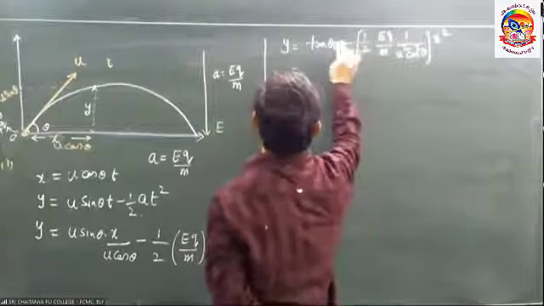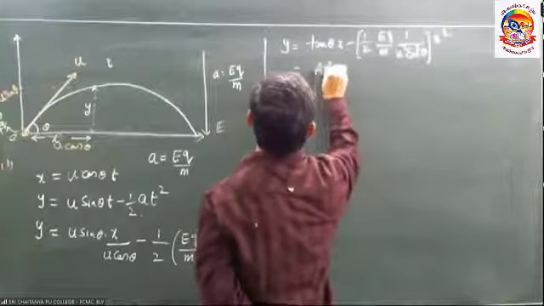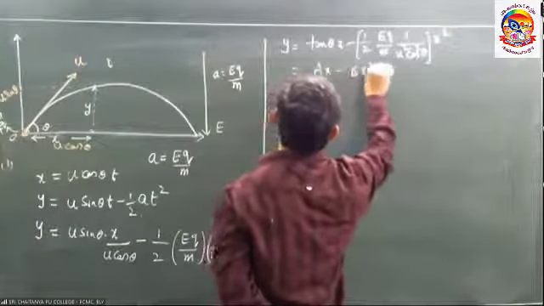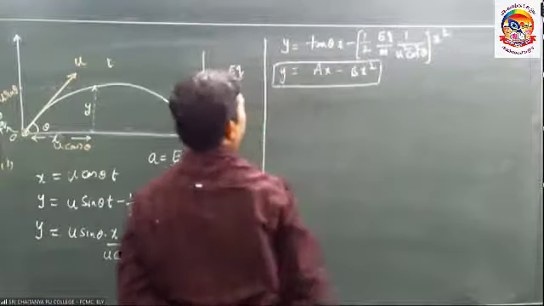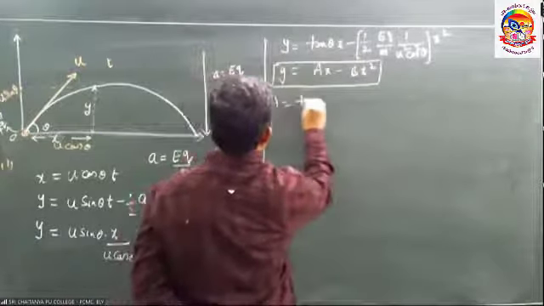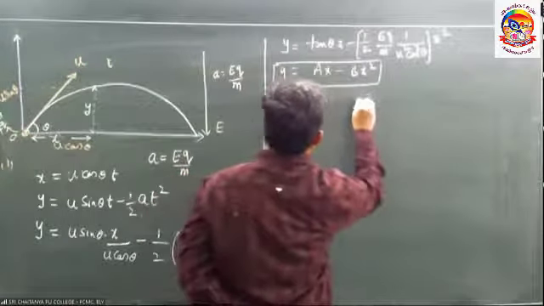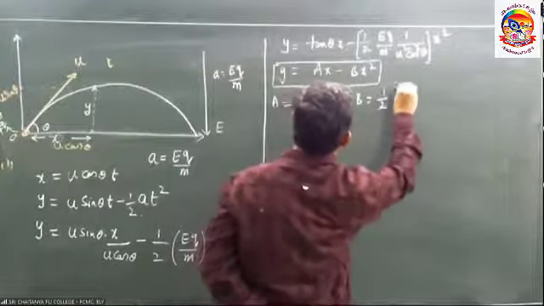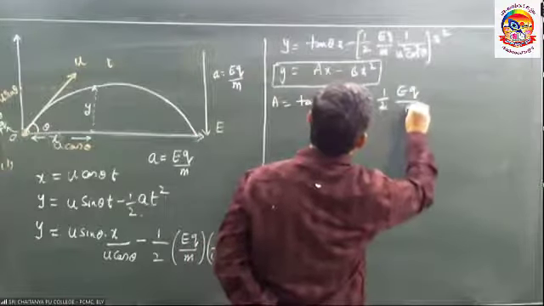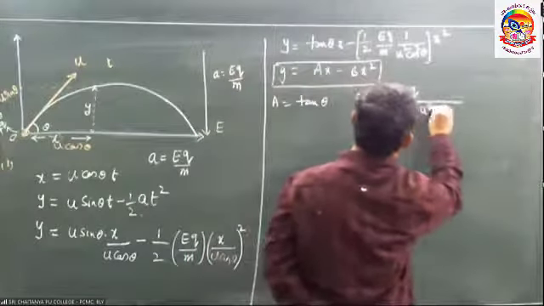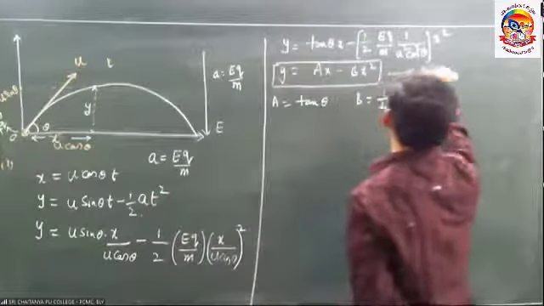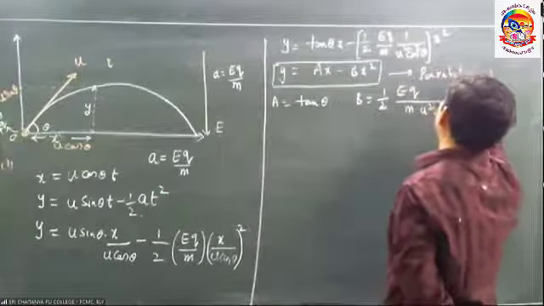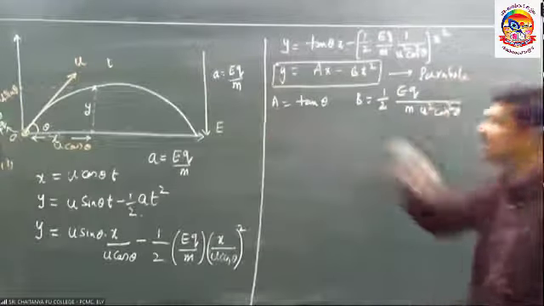This is ax minus bx square, where a is tan theta, b is half eq by m by u square cos square theta. So this represents a parabola. So that path is a parabola.